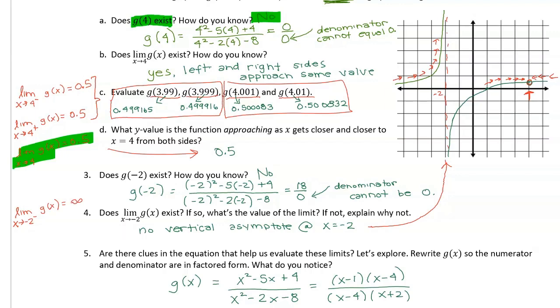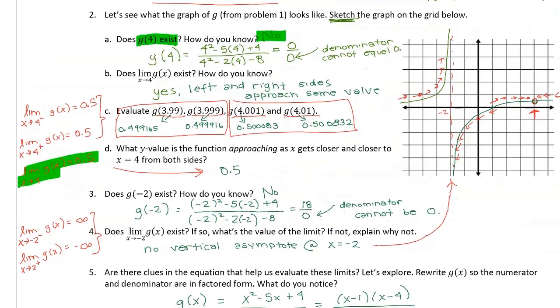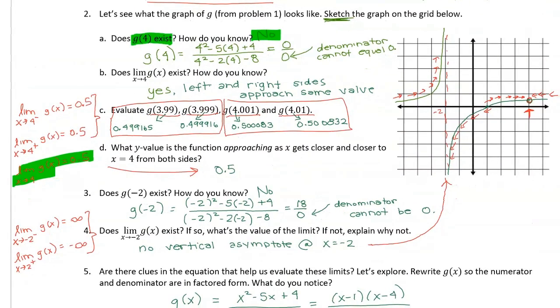Now, let's look at what happens as we approach -2 from the right. I'm coming in from the right, and I see as I get closer and closer to -2 that the limit will approach negative infinity. So the limit as x approaches -2 from the right of g of x is going to equal negative infinity. In problem 2, the limit from the left and right matched, but now they don't match.